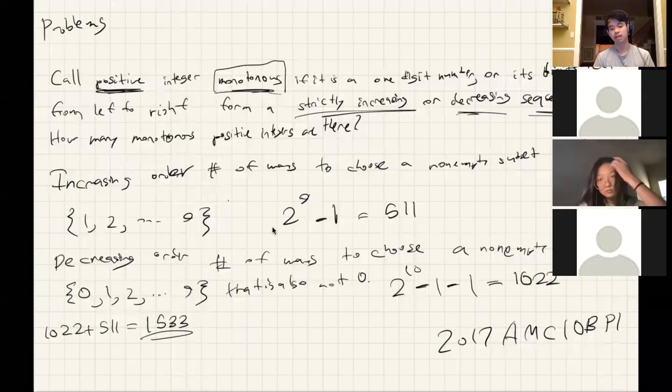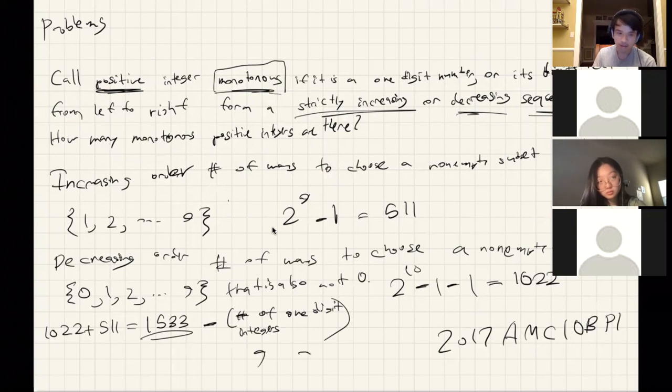Some integers have their digits forming both a strictly increasing and a strictly decreasing sequence. These integers are precisely the one-digit integers, so there are 9 of these. So you subtract 9, you get 1524, and that should be the correct answer.